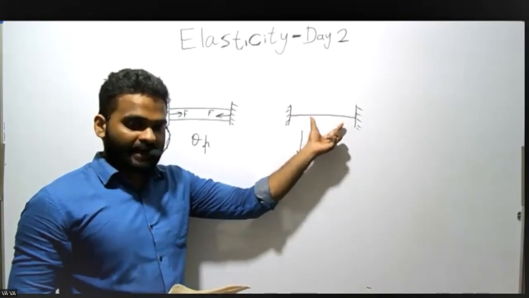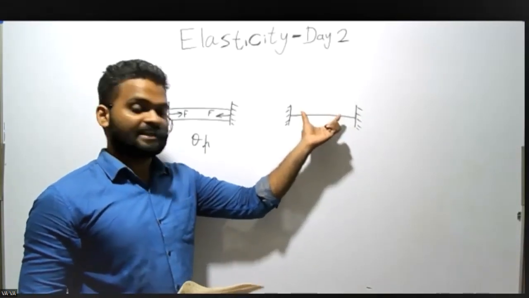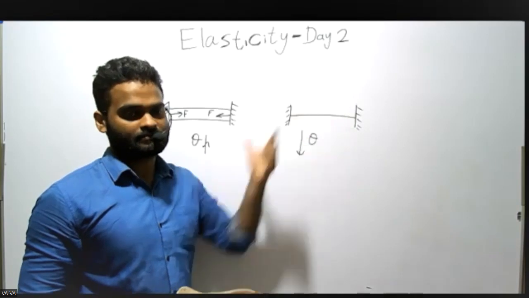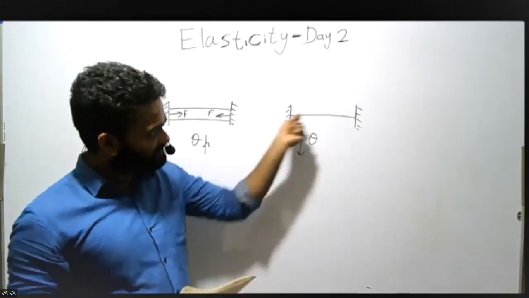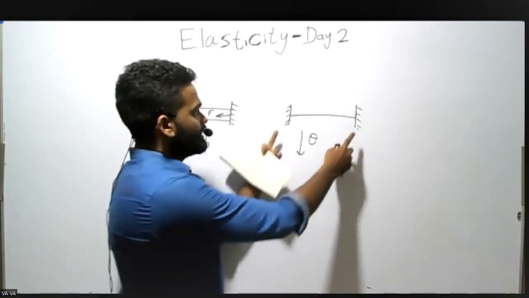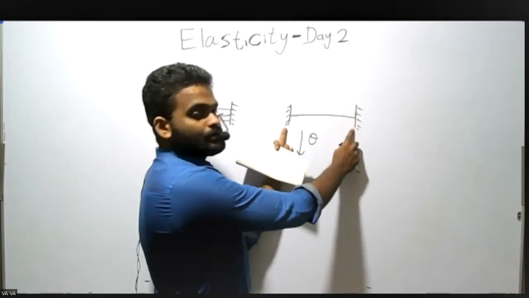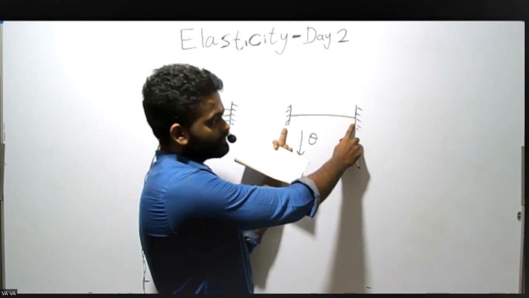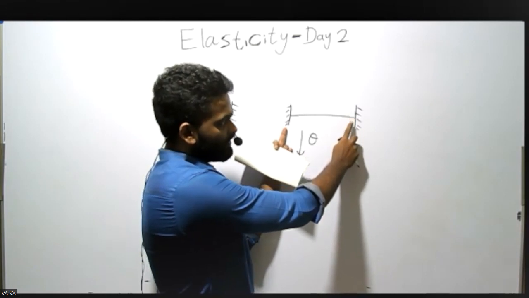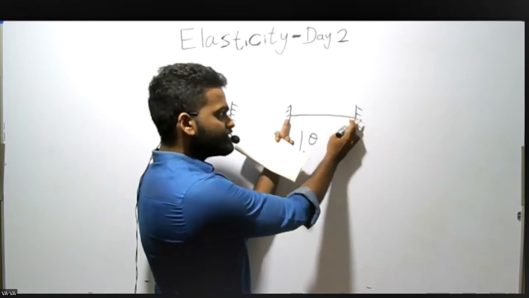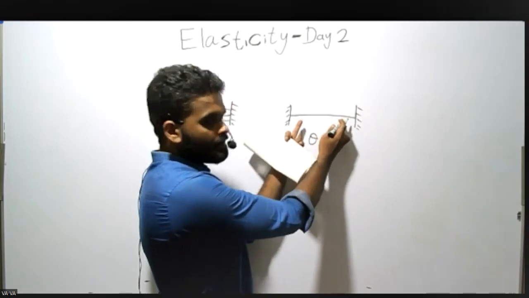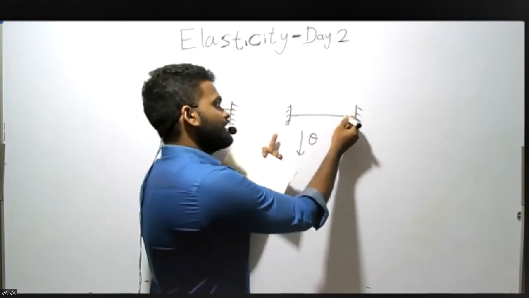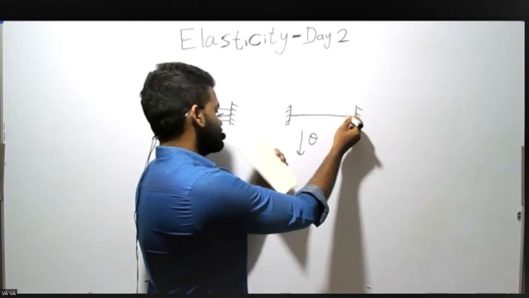This contracts, right? This doesn't expand, this contracts. But that contraction also is prevented by these two walls. This wire is not allowed to contract, right? That is prevented by applying tensile forces on the wire.